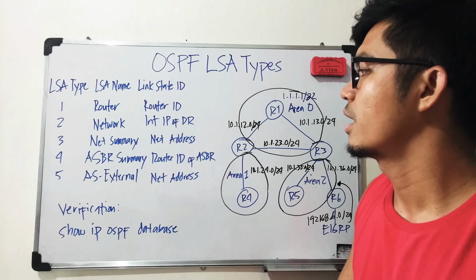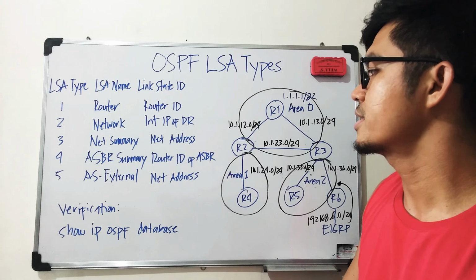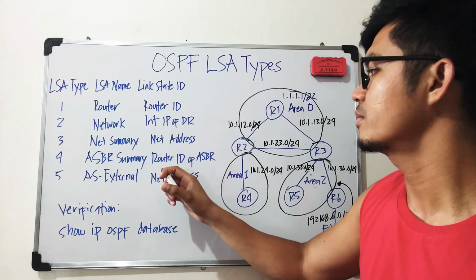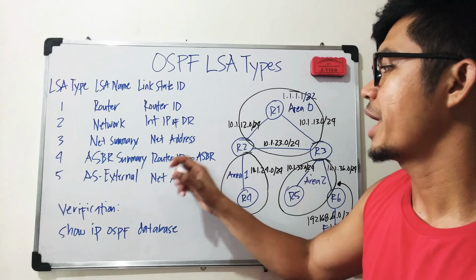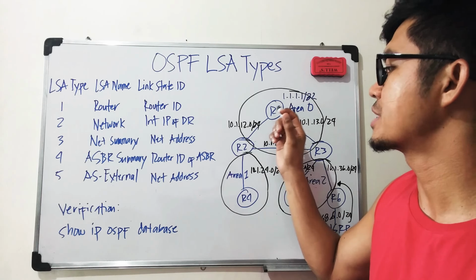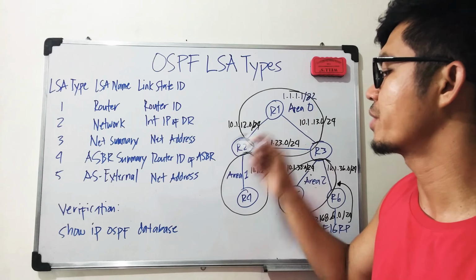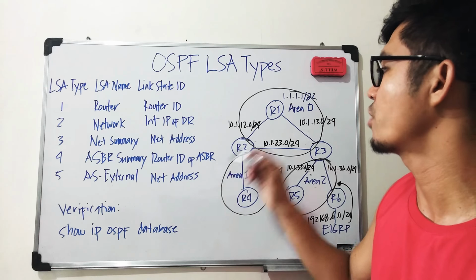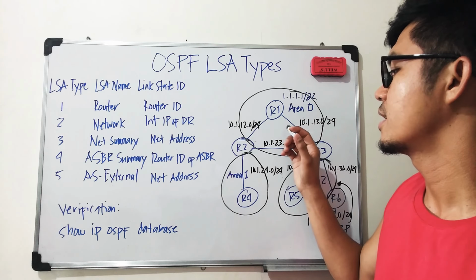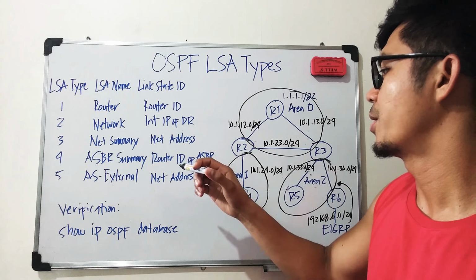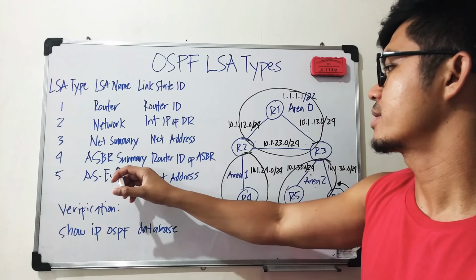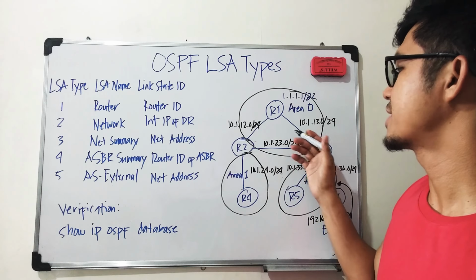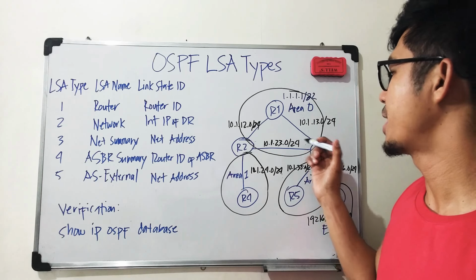And ASBR summary LSAs are originated by the ABR. So for example, on R1, if we again look at the show IP OSPF database output, you will see that this LSA here will be advertised or originated by the ABR.